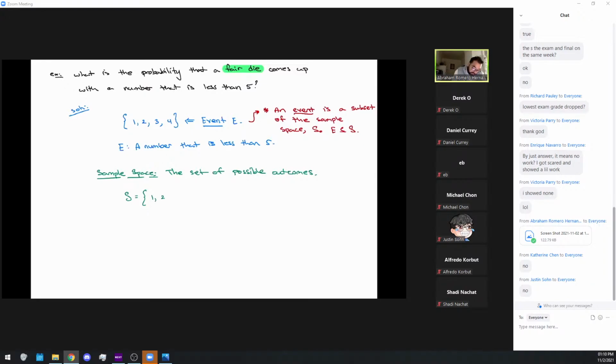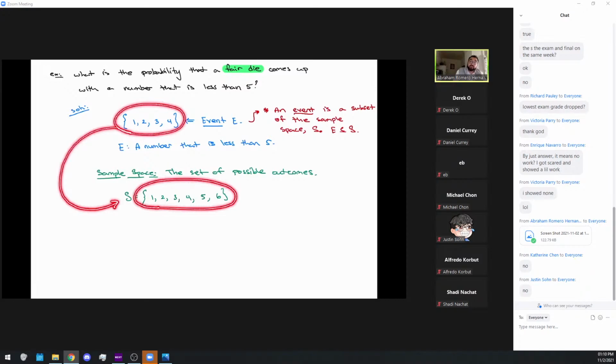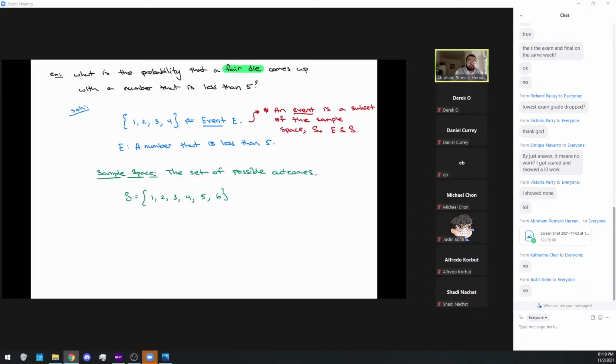That's 1, 2, 3, 4, 5, and 6. That is the sample space. So the event is a subset of that sample space, and that makes sense. If you look at the events, a number that is less than 5 is the set of these numbers, which clearly is a subset of these numbers here. Okay? Any questions so far? Obviously, we haven't even answered the question at all, but any questions so far?